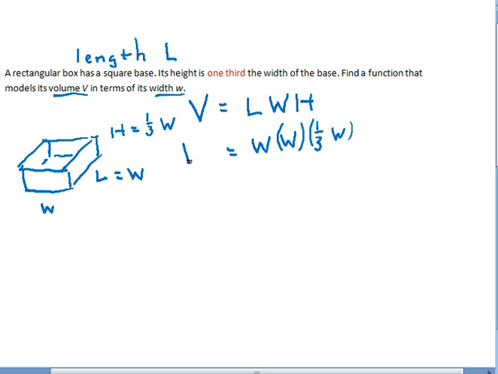And so now we see that V is a function of W. As a matter of fact, it equals 1/3 W cubed, a cubic function.